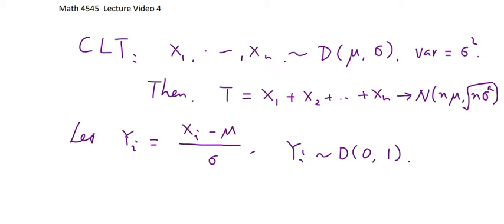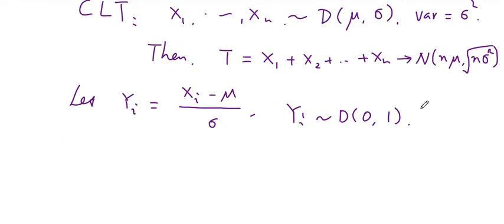Okay, so for this case, we wanted to prove that y1 plus y2 plus ... plus yn will follow a normal with mean 0 and standard deviation radical n, since sigma is 1.